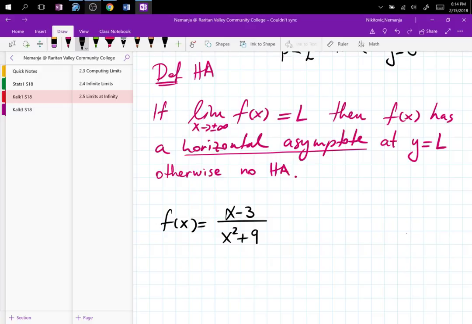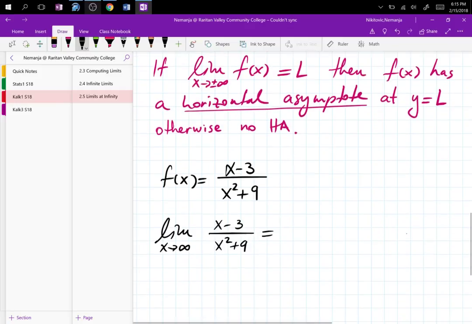If you set your denominator equal to 0, you will not find any vertical asymptotes, because x squared plus 9 equals 0 does not have any real solutions. So no vertical asymptotes. But we are interested in horizontal asymptotes. So all I need to do is to take the limit as x goes either to positive or negative infinity. I'm just going to put positive there, of x minus 3 divided by x squared plus 9. And I need to solve this.